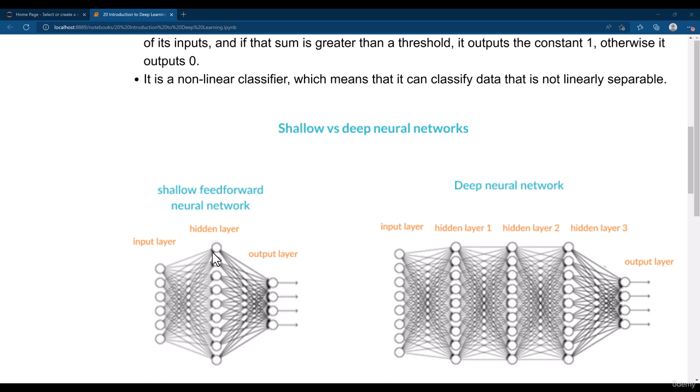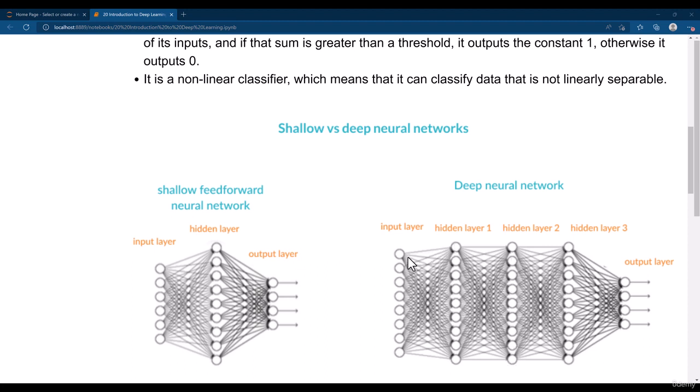Now in this case, you see all of these hidden layers are connected with all the backward neurons and also with the forward neurons. The same thing you also see here. These neurons are connected with all the previous neurons and also all the forward neurons.